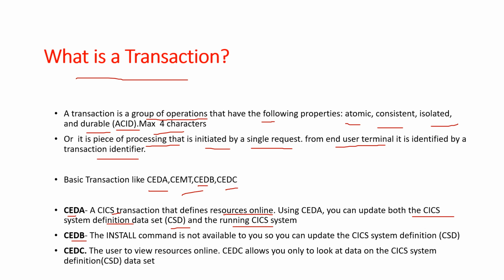Here the install command is not available to you, but you can update the CICS system definition, that is CSD. And next is CEDC, which lets the user view resources online, and CEDC allows you to only look at the data on the CICS system definition CSD dataset.